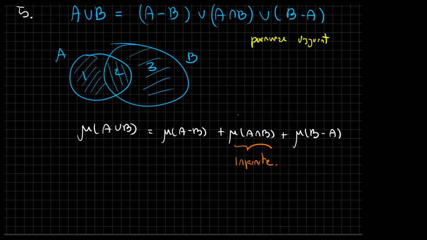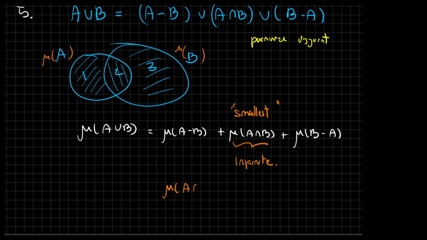So this is kind of the smallest set, smallest in some sense, because if this is infinite, then the measure of A is infinite, the measure of B is infinite, and of course the measure of the sum is infinite. And why is that?